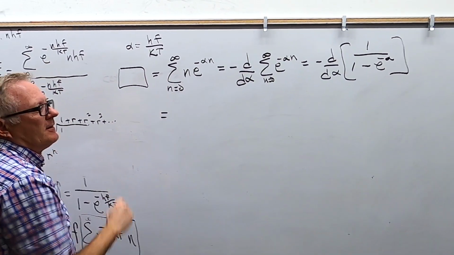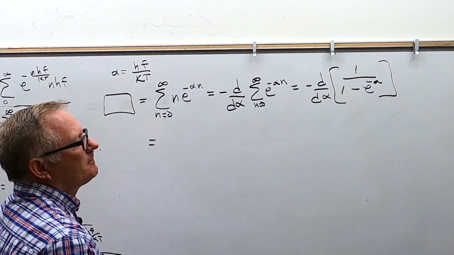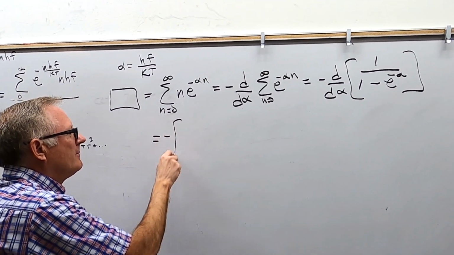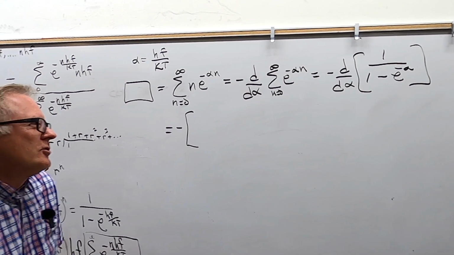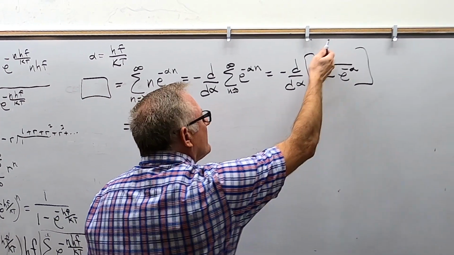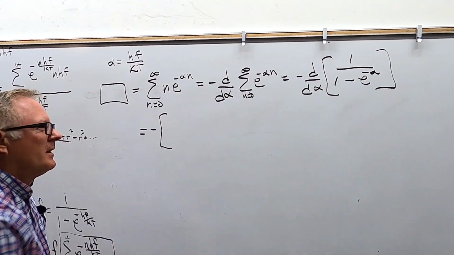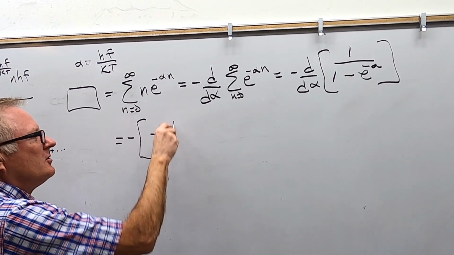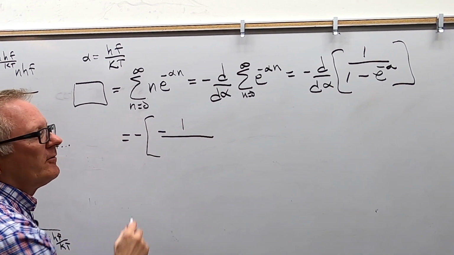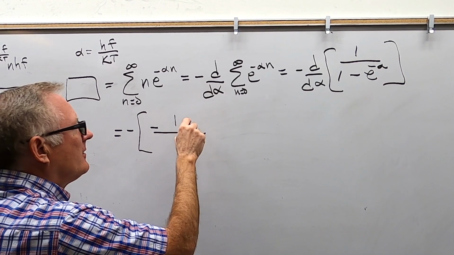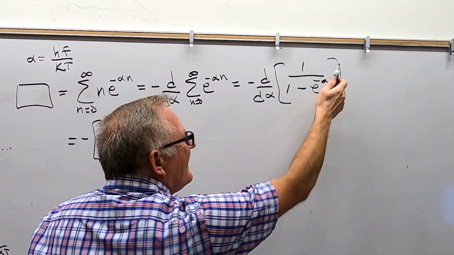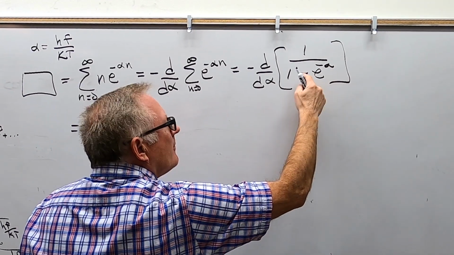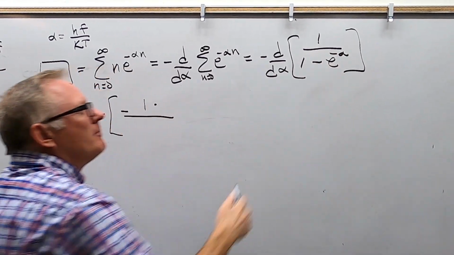If we take the derivative of that, we get that big minus in front, and we take the derivative of this. If I use the quotient rule, we have the bottom times the derivative of the top, but the derivative of the top is 0, minus the top, which is 1, times the derivative of the bottom. The derivative of the bottom is minus e to the minus alpha times a minus.